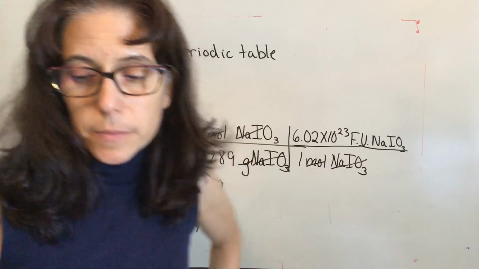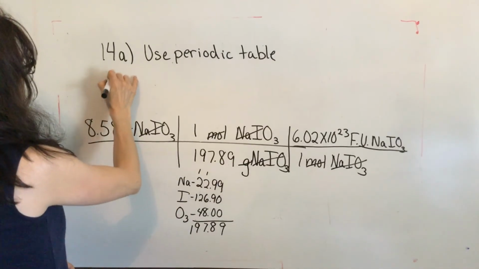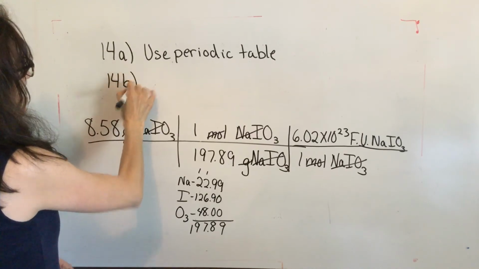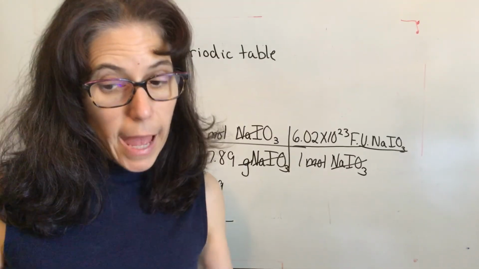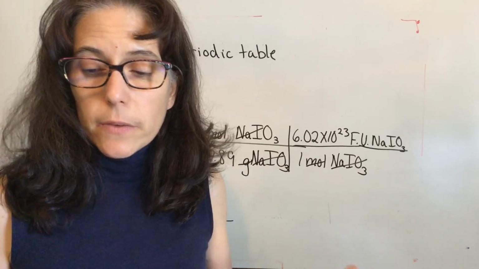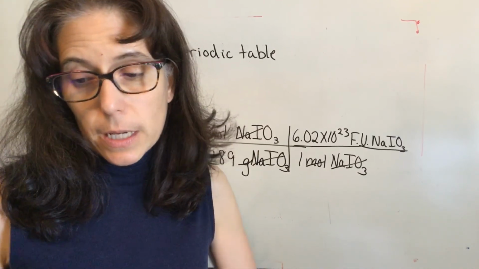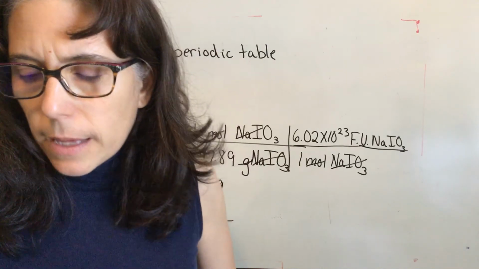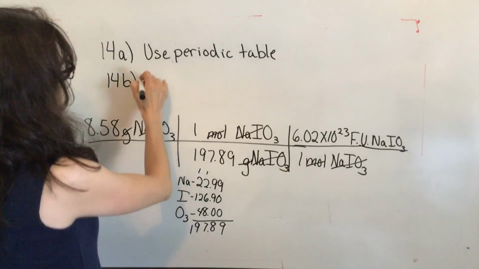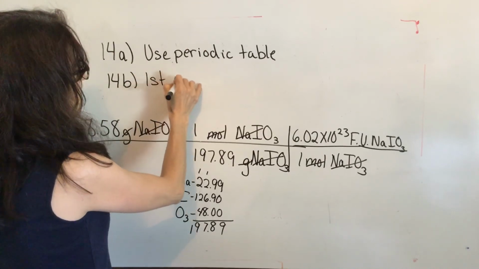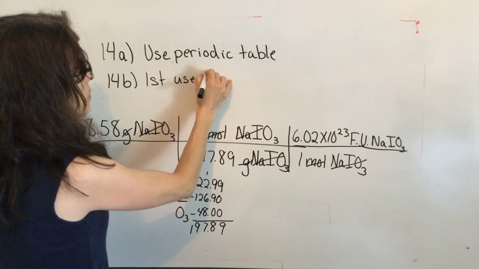Number 14B says mass to atoms, or atoms to mass. You're given atoms. So 14B, let's just ask the question, what would we use first? We're starting with atoms, right? If it's giving us 8.58 times 10 to the 28th atoms of krypton, we want to convert that to moles. So first, use Avogadro's number.